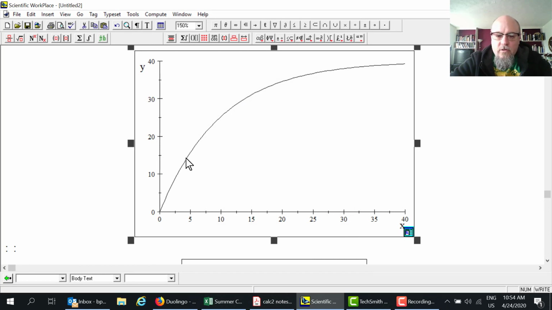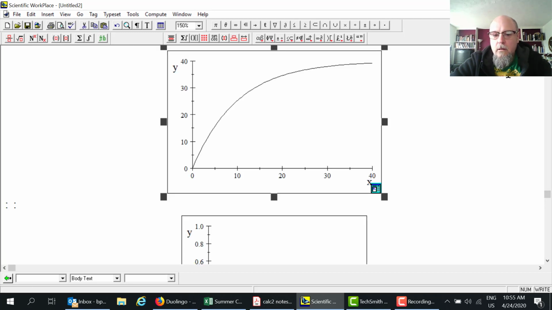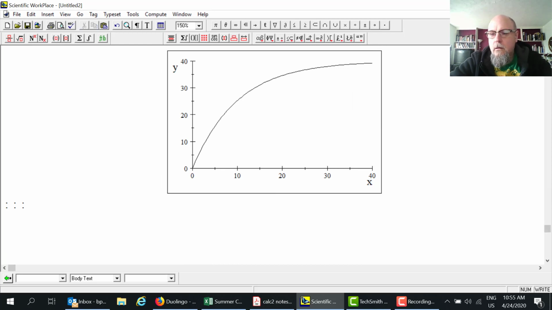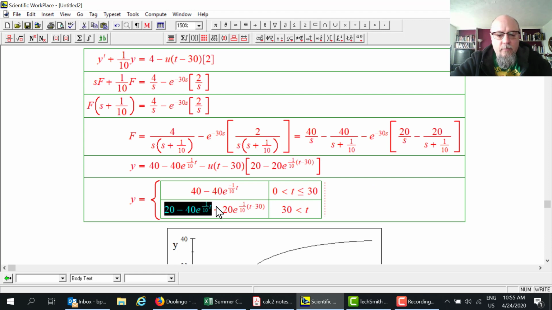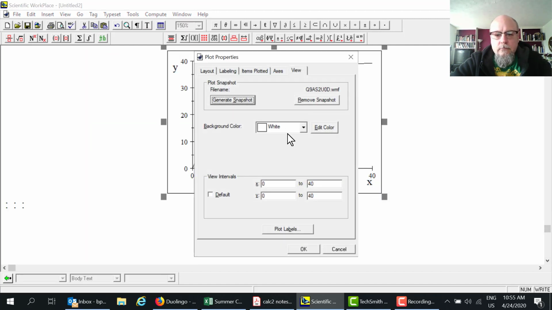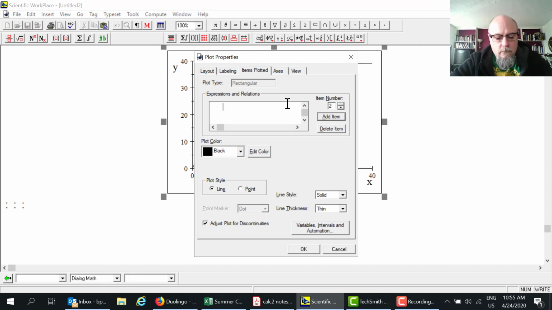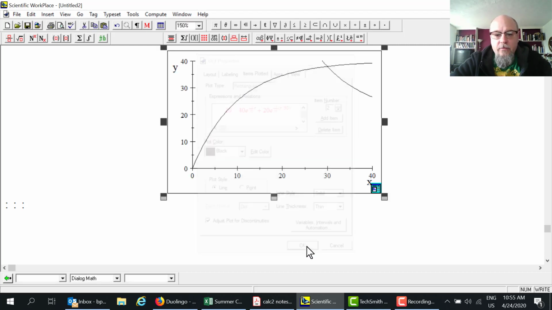Okay, there's the switch that happens. This is the curve, but it's supposed to stop at 30. At 30, we switch curves, and now I'm supposed to be drawing this for t's after 30. So I'm adding this other function.